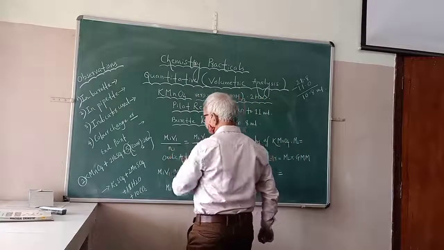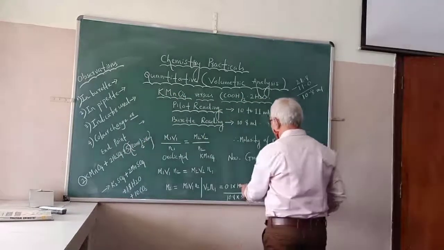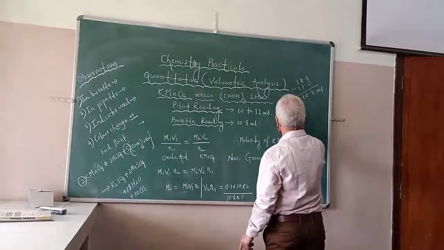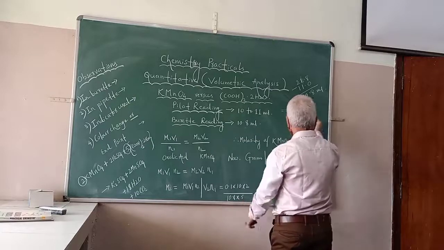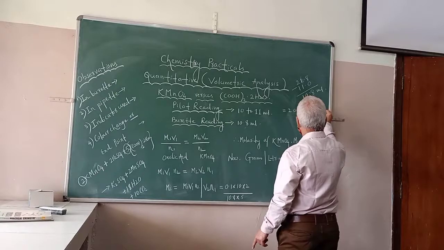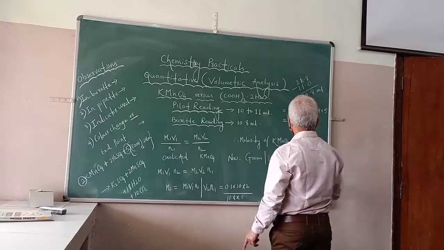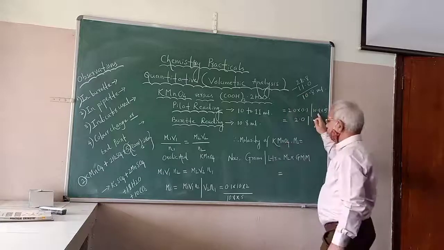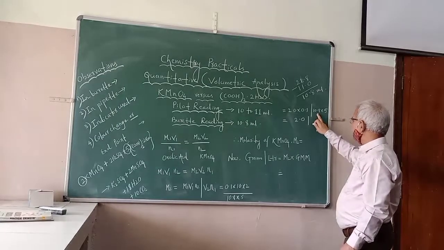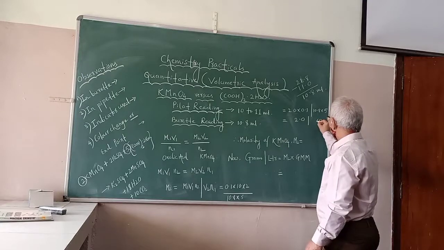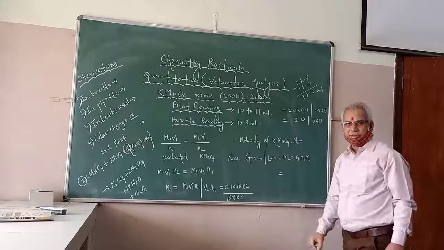n1 is the coefficient for oxalic acid, which is 5 moles. So 10 into 2 into 0.1, which is 2.0, divided by 10.8 into 5. After the multiplication, 10.8 into 5 is 54.0.